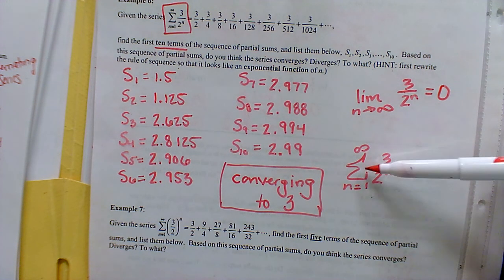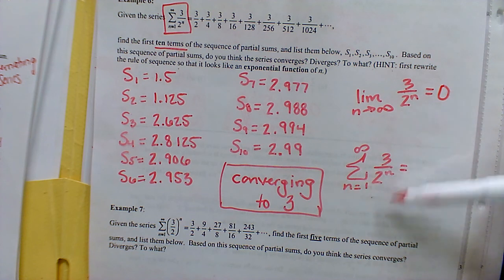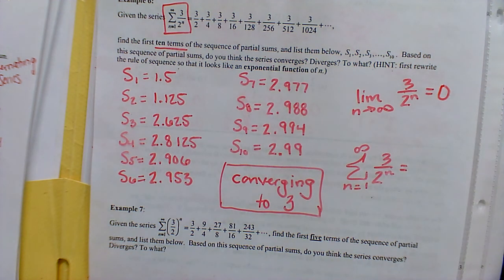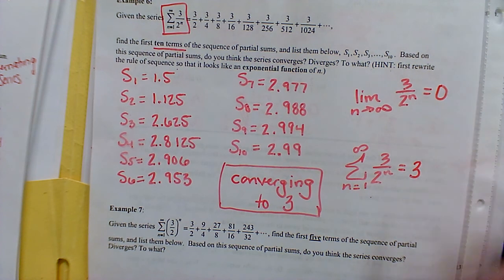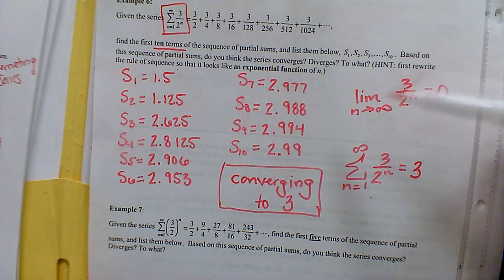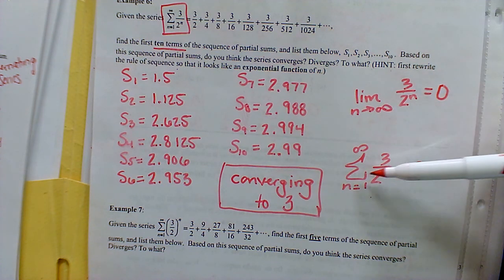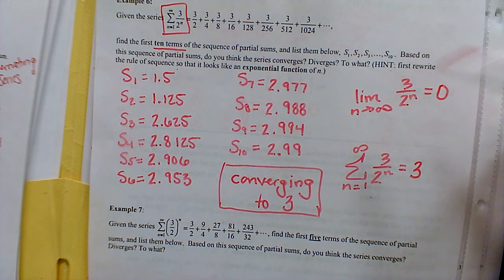However, if you look at this summation of the rule, if you were to add all of the terms together, we said we are getting closer to 3, right? So there's a difference between these symbols. One of them is representing a limit, the other one is representing a summation.